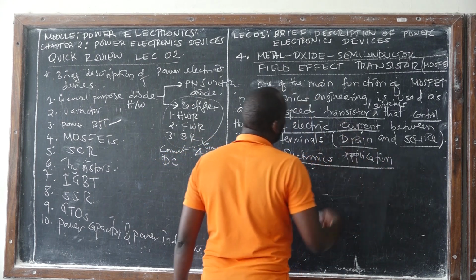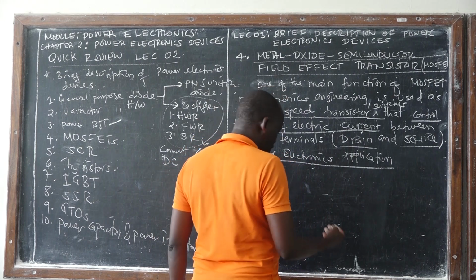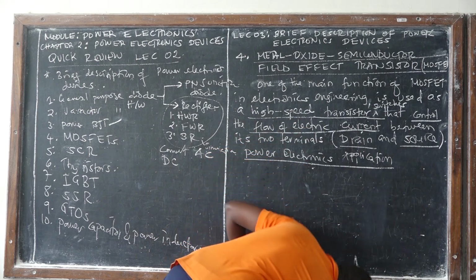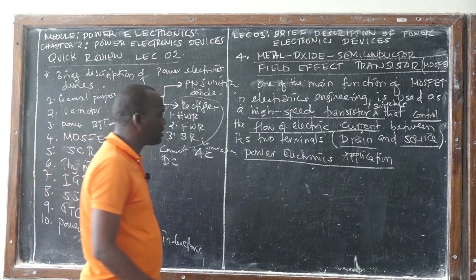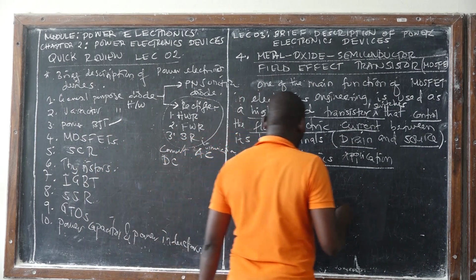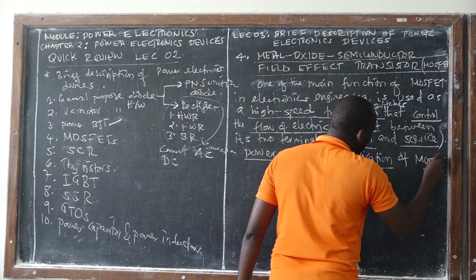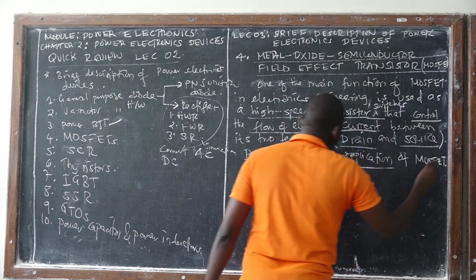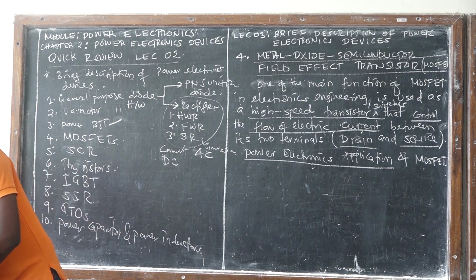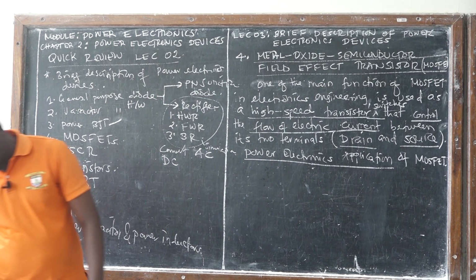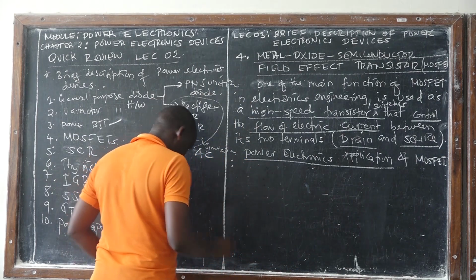I have a course called Intermediate Practical Electronics, because MOSFET is not fundamental, it's a little more advanced. The fundamental one is the bipolar junction transistor. So how are we using MOSFET in power electronics? Well, this is the discussion.